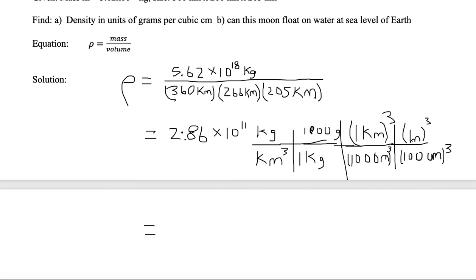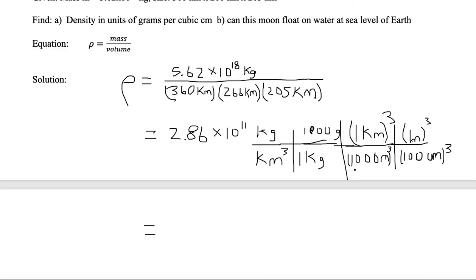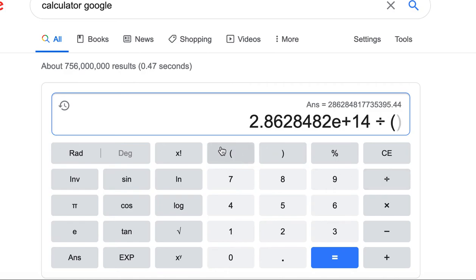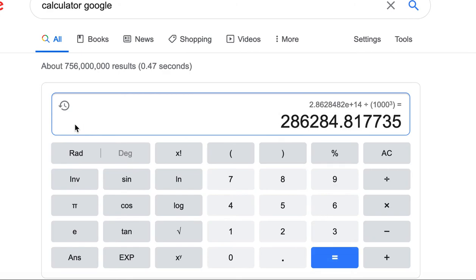This value, 2.86 times 10 to the 11th, is already in the calculator. We need to multiply by 1,000. So we multiply by 1,000 equals, and now we need to divide by 1,000 cubed. So we divide by parentheses 1,000 x to the y cubed, close parentheses, equals.